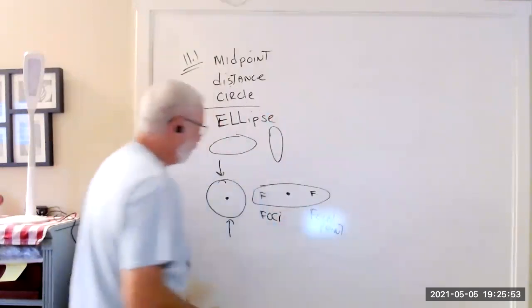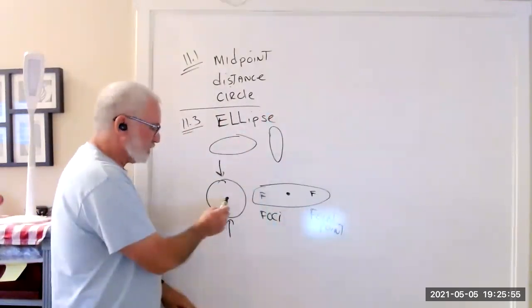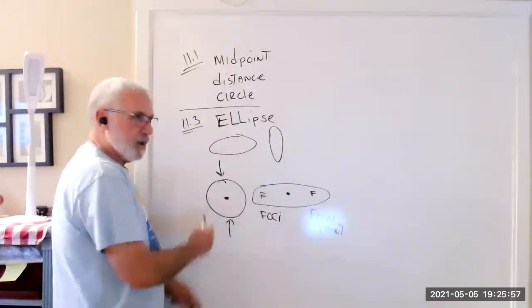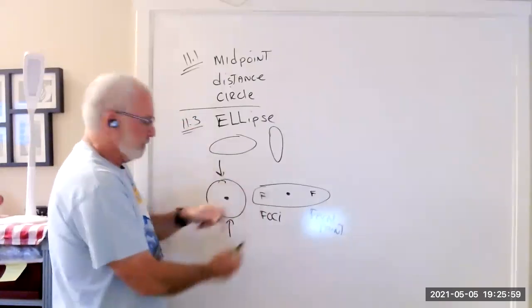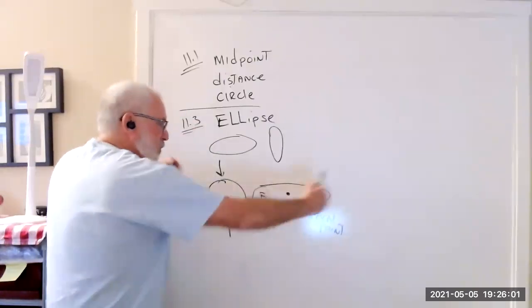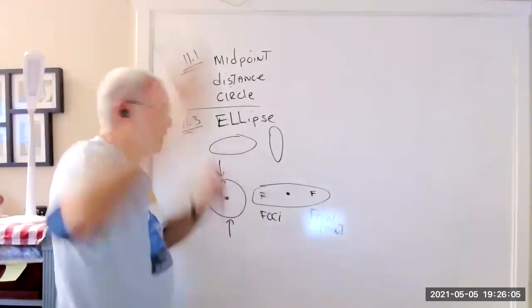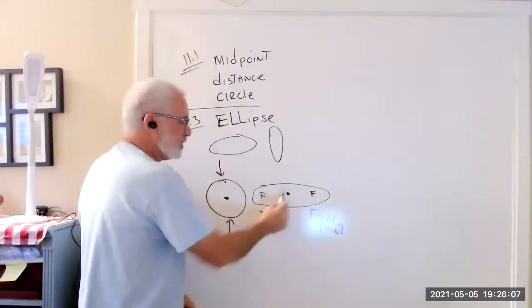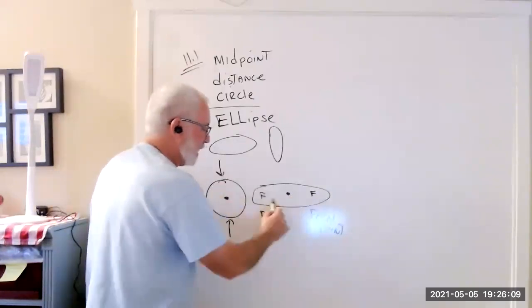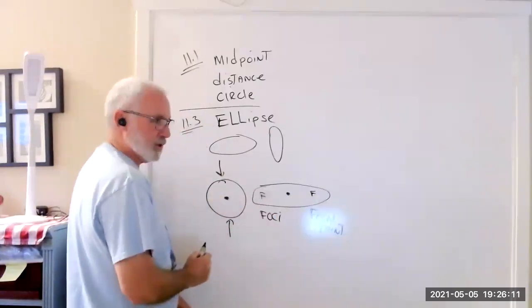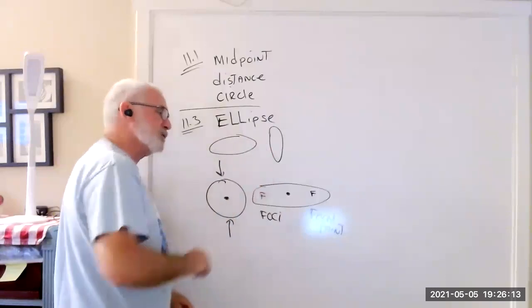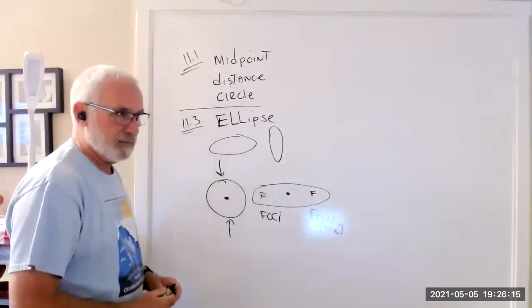Okay, so a circle just has a center. But when you warp it by squeezing it one way or the other, the center bursts open. You still have the center, but it also creates something called focal points. And next Tuesday, I'll talk to you more about that.